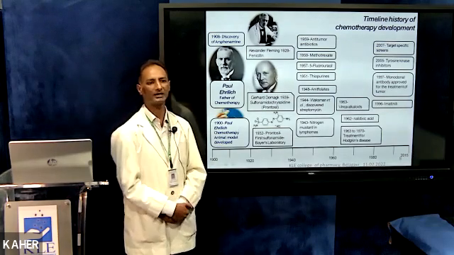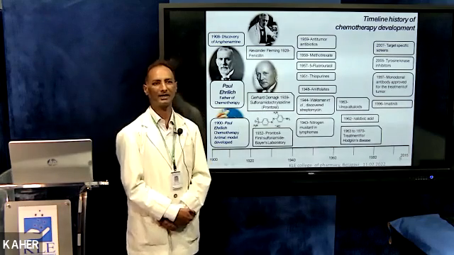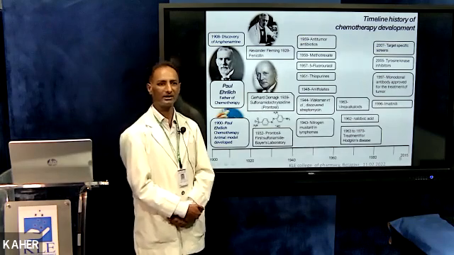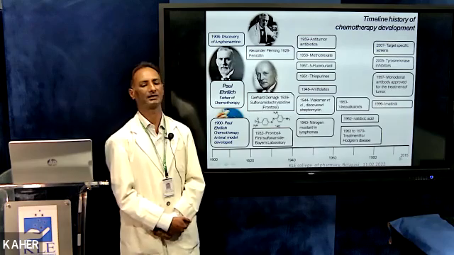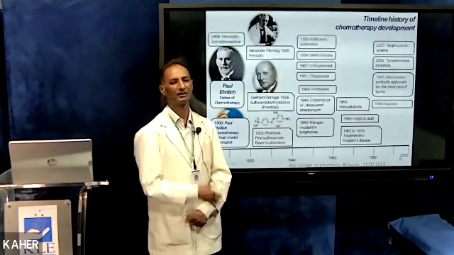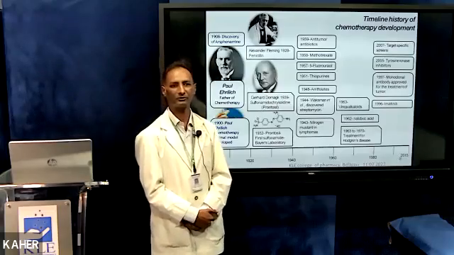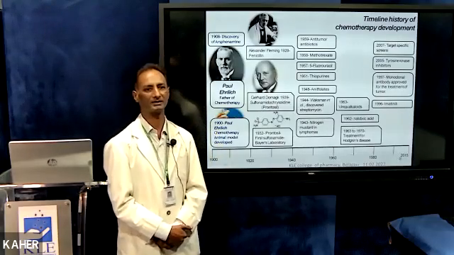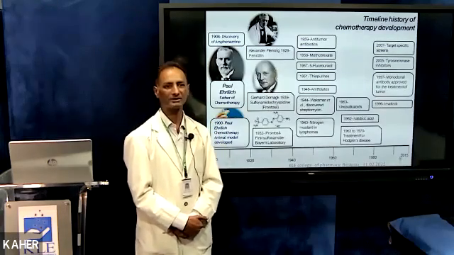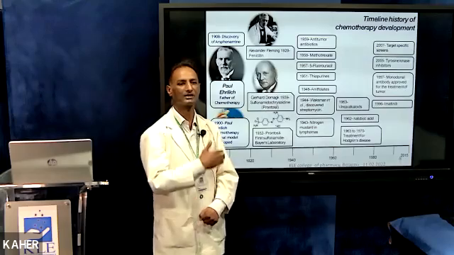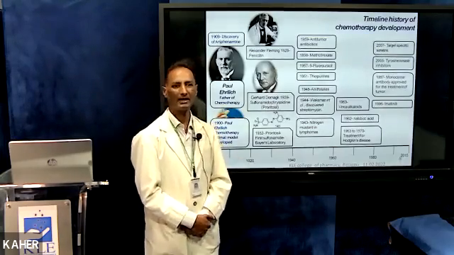After that, Alexander Fleming discovered penicillin in 1928, and in 1932 Prontosil, released by Bayer Pharmaceuticals, was the first antimicrobial agent in the market. In 1943 nitrogen mustards were used as anti-cancer agents, and in 1944 streptomycin was discovered, which is one of the first line therapies for anti-tuberculosis.